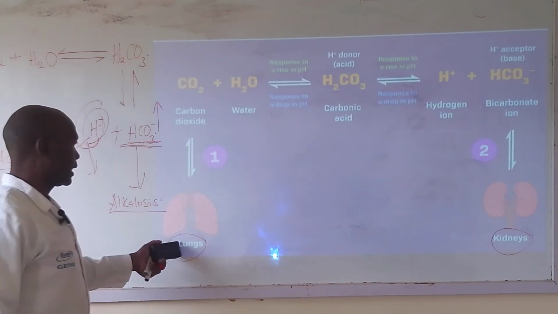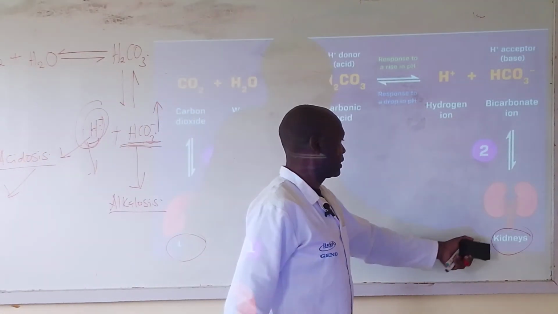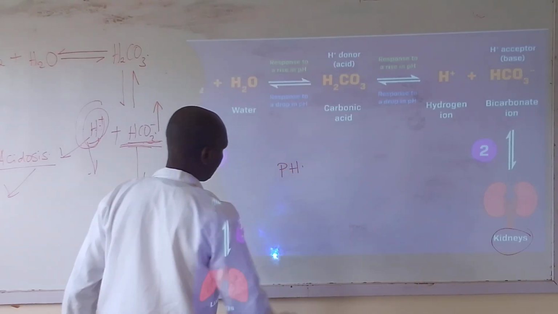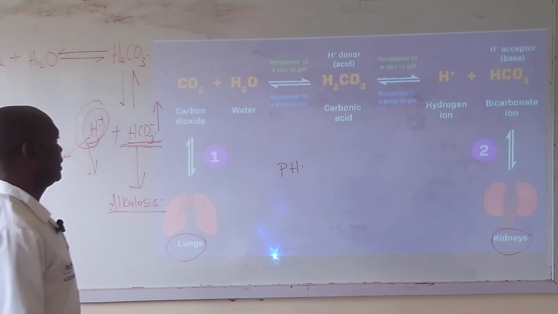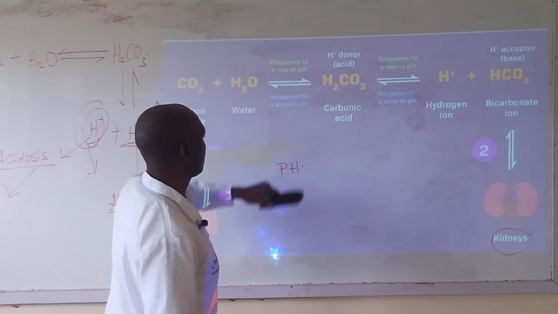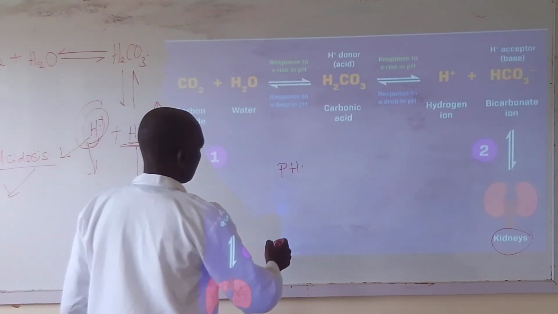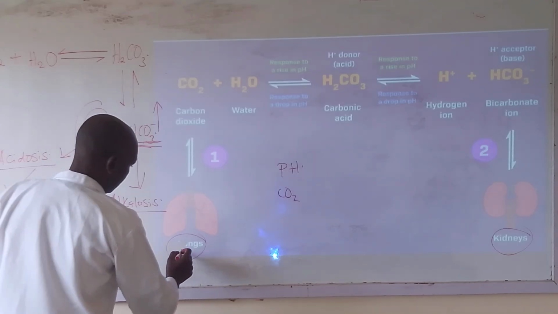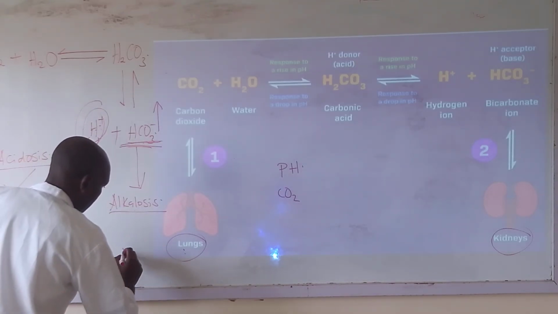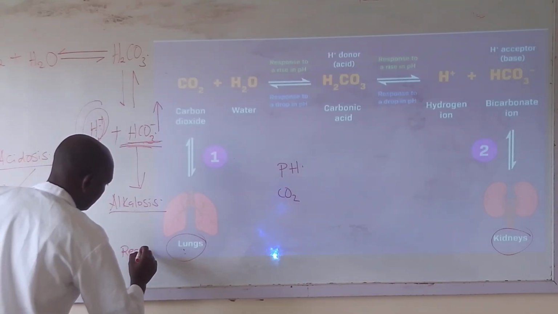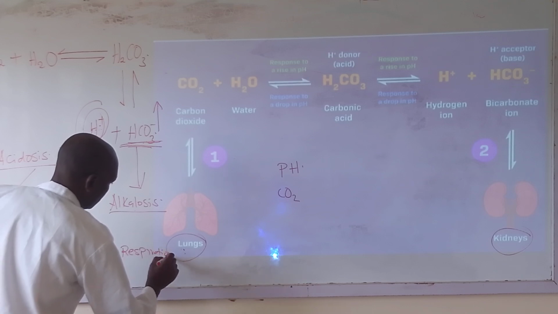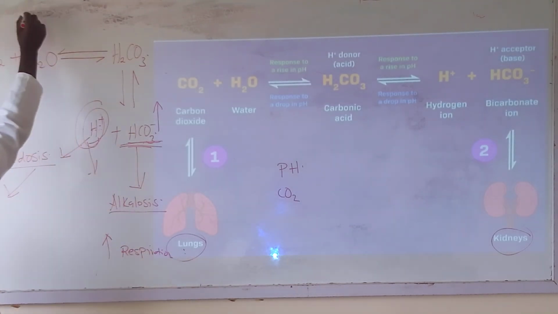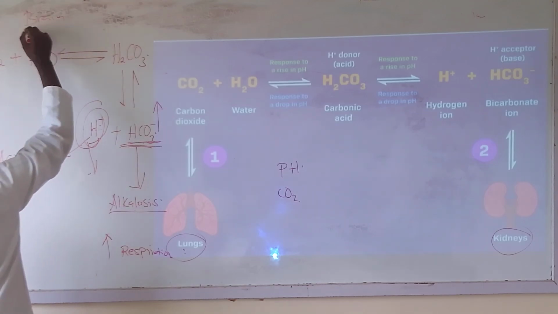So these are the two organs that are central to the regulation of pH of the body, which means if there is acidosis, then it means there is accumulation of CO2, therefore the rate of respiration is supposed to increase. And this comes to what we call the brain, which is the regulator.